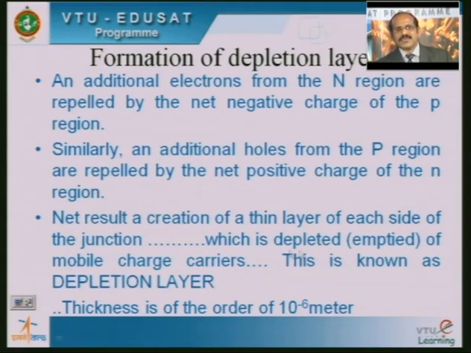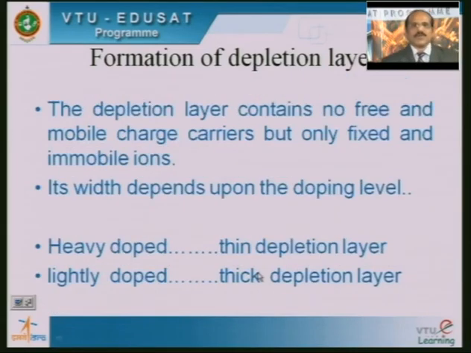This is known as the depletion layer, and it only consists of fixed immovable ions. The thickness of this depletion layer is on the order of 10⁻⁶ meter, and it depends upon the doping level of the P layer as well as the N layer.